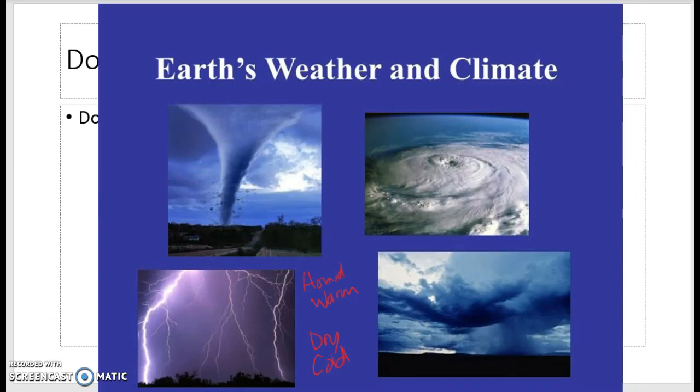So any combination of dry and humid, any combination of warm and cold is going to create a storm because it's going to cause a lot of condensation and a lot of energy to be put out as well. So a tornado is when you have a warm and cold front that don't meet head on. Instead, they're going to kind of meet and then start twisting. A hurricane is kind of like a tornado, just on a much larger scale.